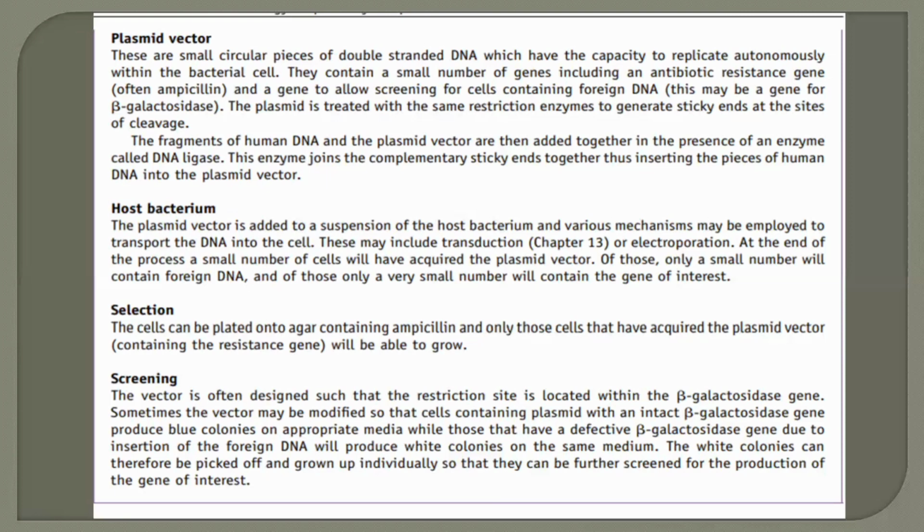The plasmid factor is designed in a manner that it contains a restriction site with a beta galactosidase gene, which can either be intact or defective. And due to this beta galactosidase gene, foreign colonies will produce white colonies which are easily picked and transferred to the host bacteria. So that is how the process of selection and screening is done.